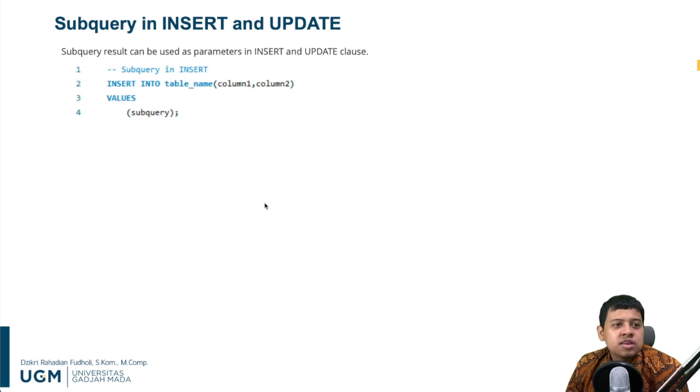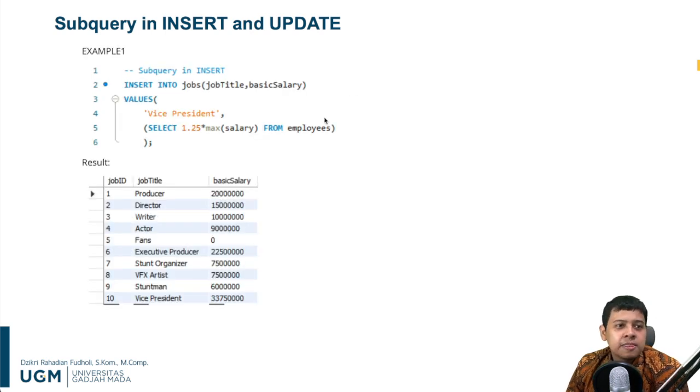Now we want to use subquery results as parameters in INSERT and UPDATE clauses. Let's see. We have INSERT INTO jobs with the job title and basic salary as the input. The values are vice president, and we just need to select 1.25 times, so this is 125% of the maximum salary from the employees.